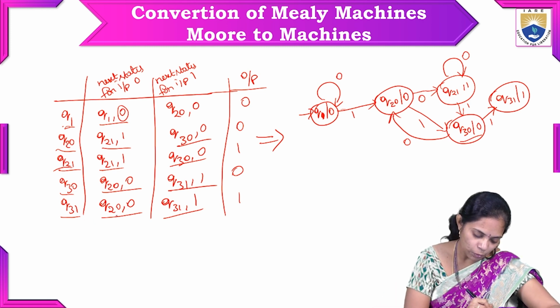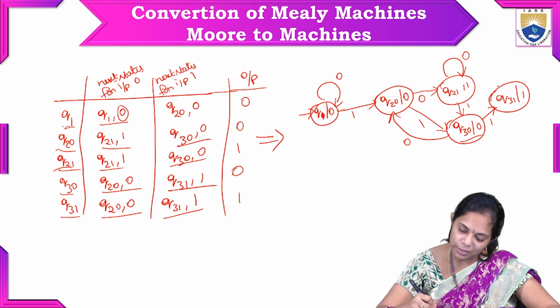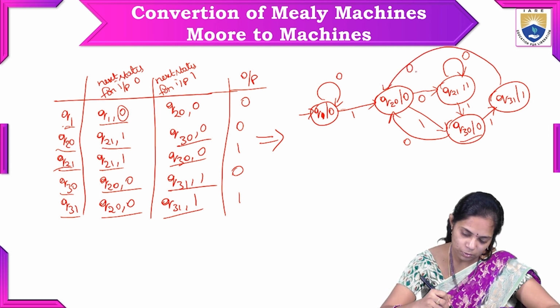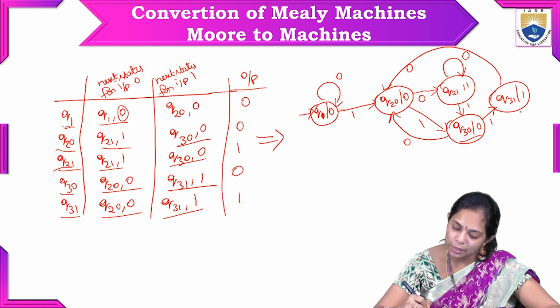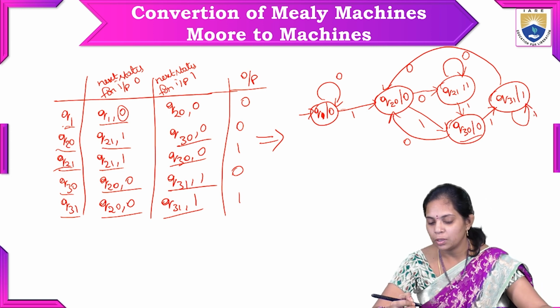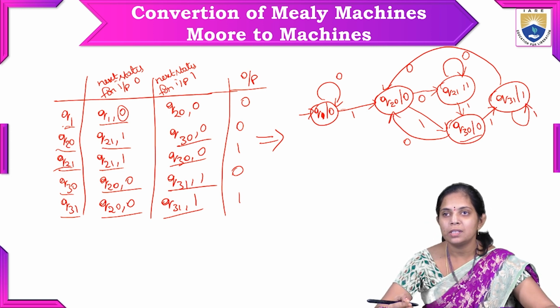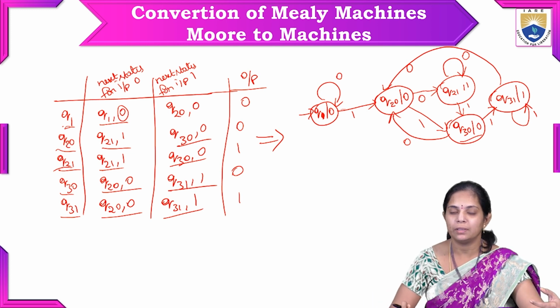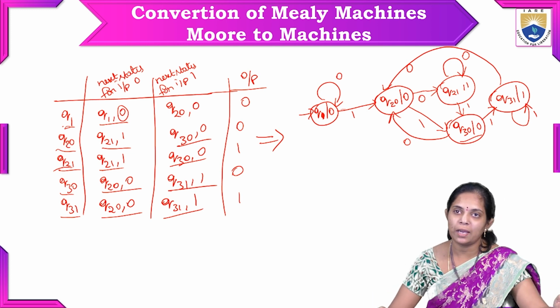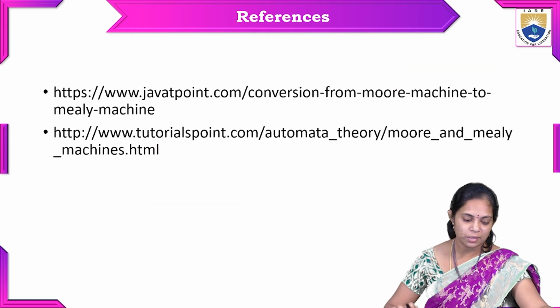And from Q3 1, when we give 0 as an input symbol, it goes to Q2 0, and when we give 1 as an input symbol, it reaches Q3 1 itself. So this is how we have constructed a Mealy machine to Moore machine conversion with the transition diagram. These are the references.